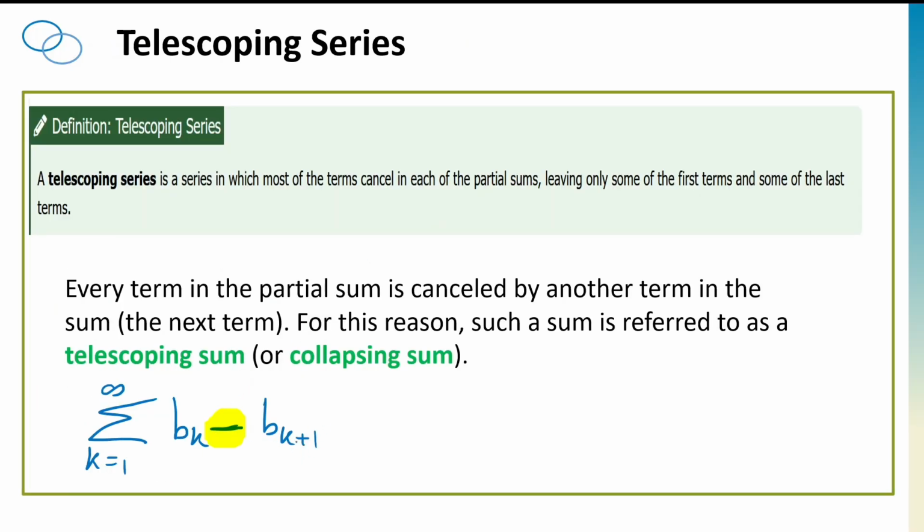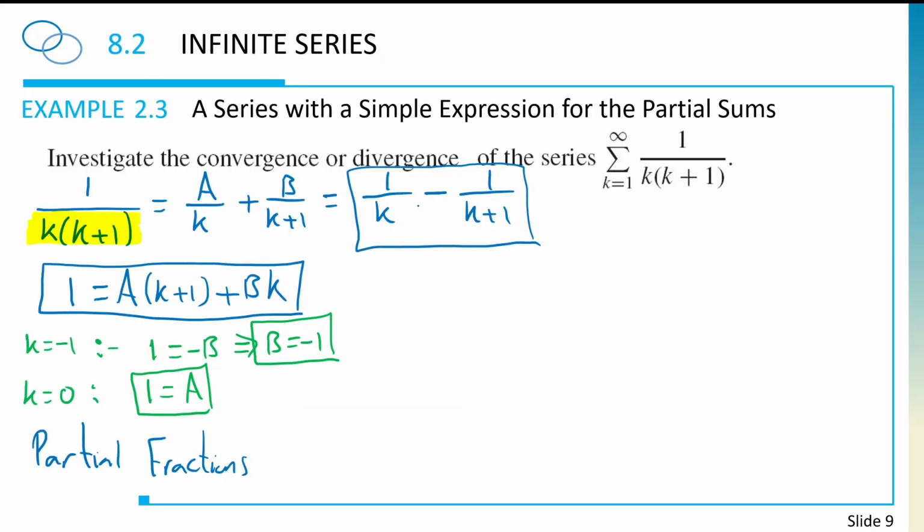This is not always plus 1, but there's a difference between them. There's a minus in between, and both of them are the same type of function, 1 over k and 1 over k plus 1. Now the next step will be, we'll try to see the pattern when we expand this summation. So we'll continue in the next slide.